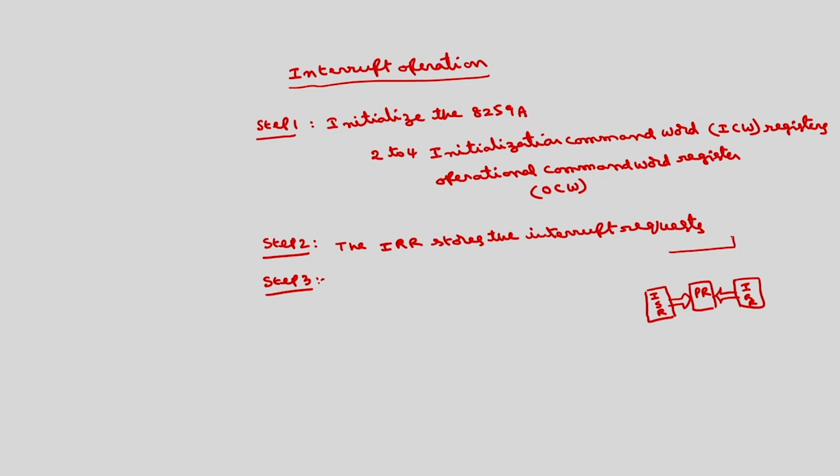And then here we have the control logic which gives the INT, with INTA bar as input. This is a part of the 8259 architecture that we have discussed in the earlier classes.